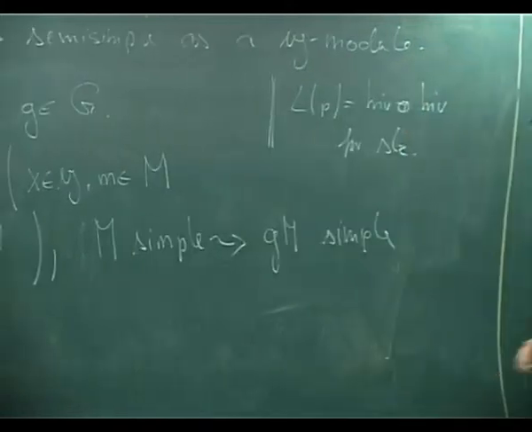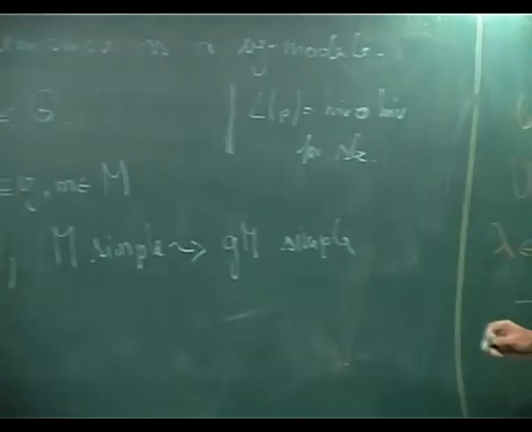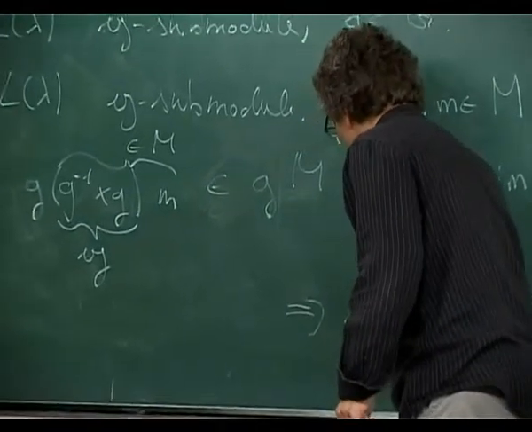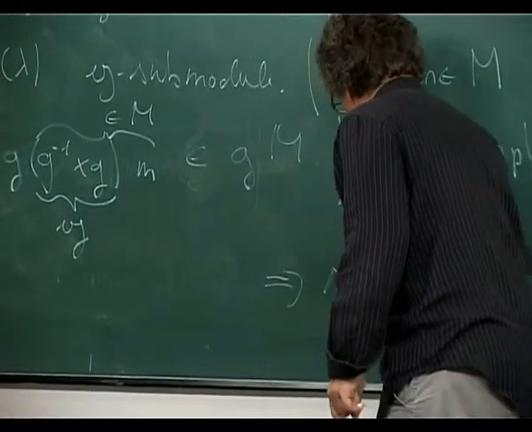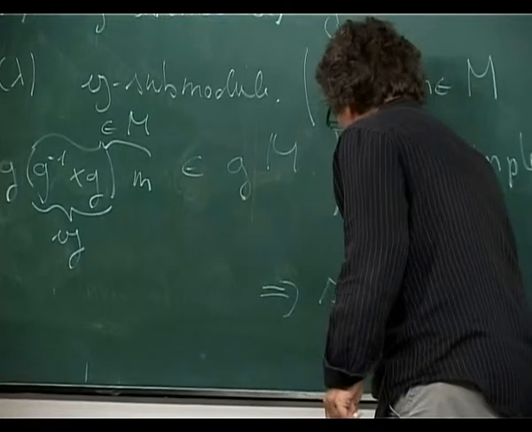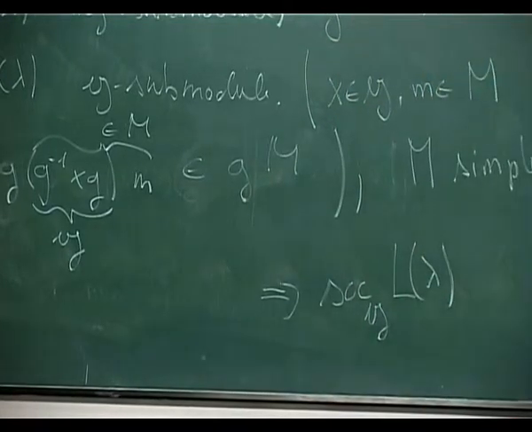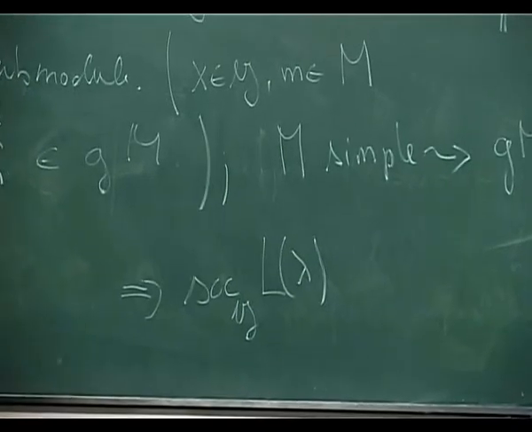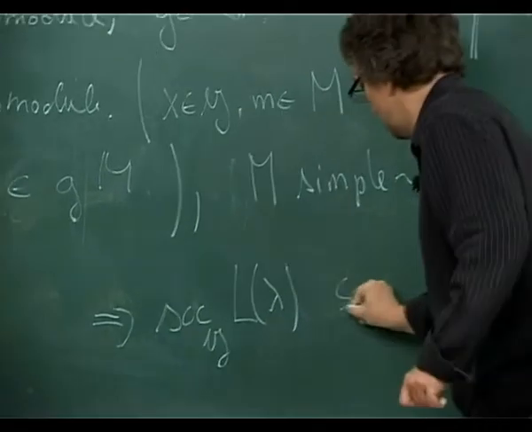It's very simple, and this implies that the socle of L lambda, taken inside the category of modules for the Lie algebra, is a G submodule.